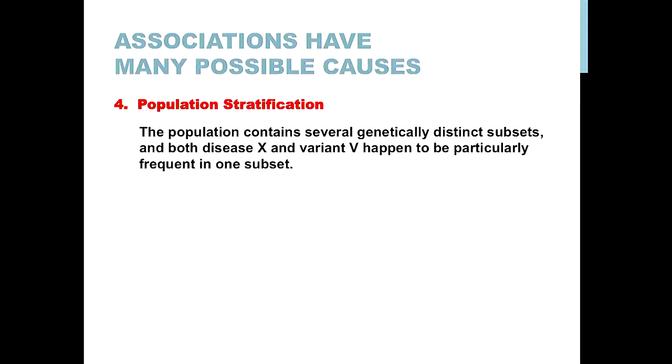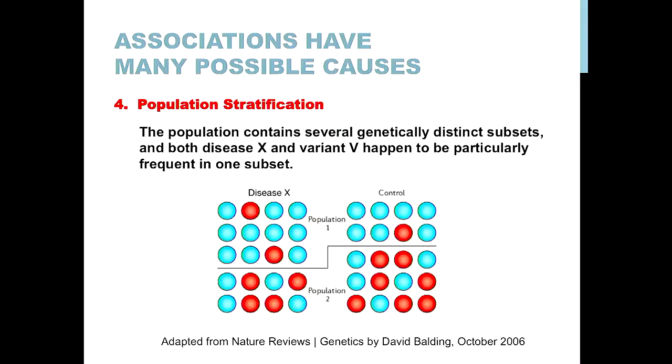Another possible reason for association is called population stratification. This is due to the population containing several genetically distinct subsets, and both disease X and variant V happen to be particularly frequent in one subset. I'm going to show you an example of this because it can be a little unintuitive. If this box contains our study population, we might incorrectly say that the blue variant is overrepresented in patients with disease X compared to controls.